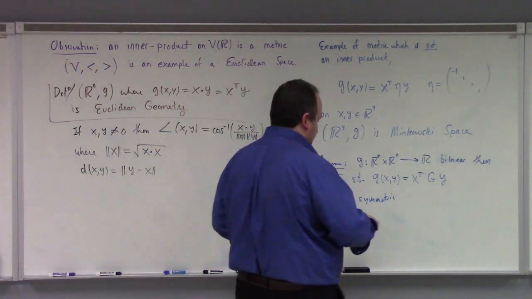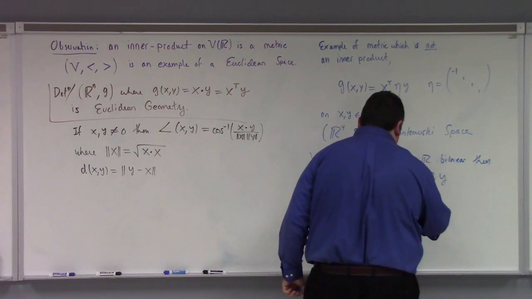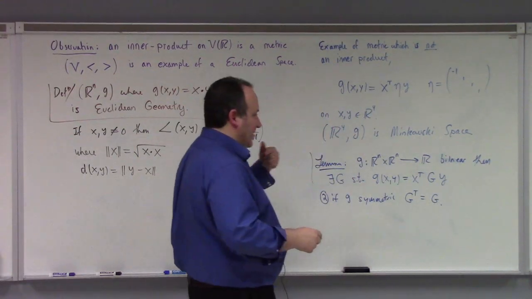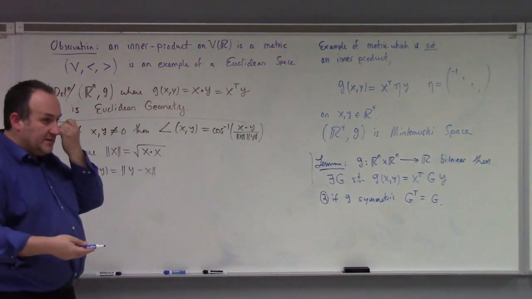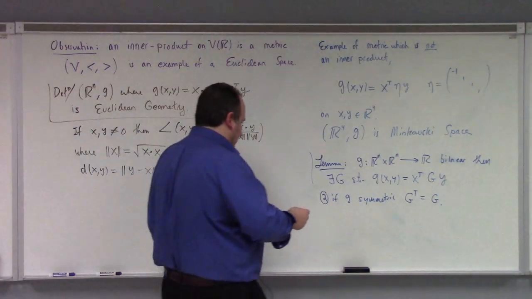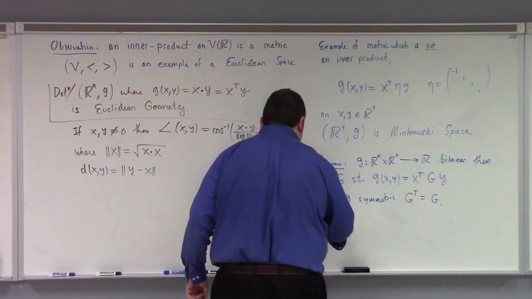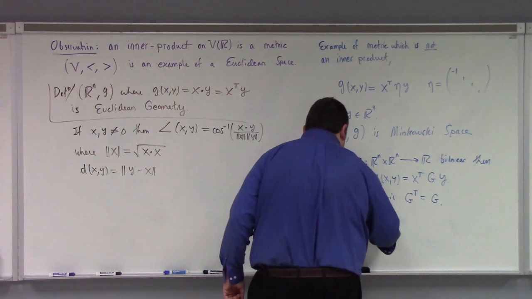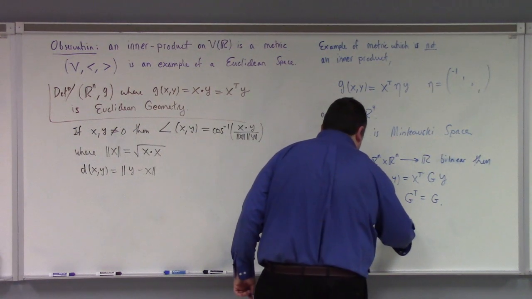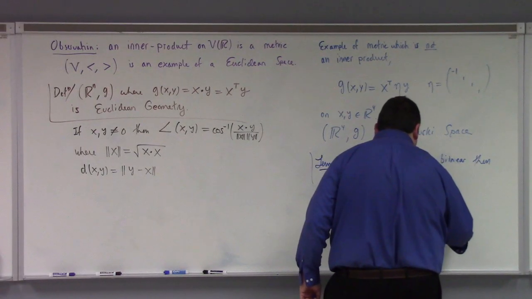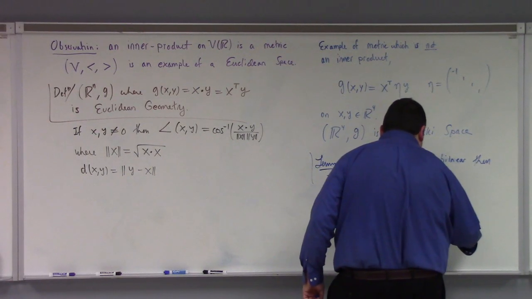It's a simple exercise. You can prove that big G is also a symmetric matrix. So symmetry of the bilinear form implies symmetry of the matrix, right? And now 3 is a little bit fussier. If G is non-degenerate, then it turns out that we can prove that G inverse exists.